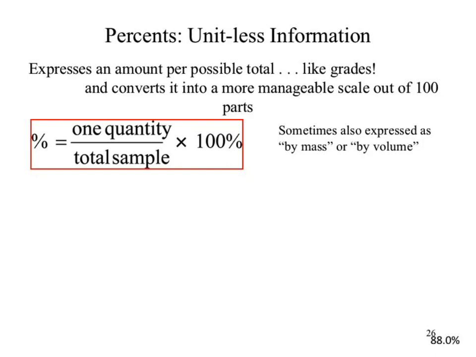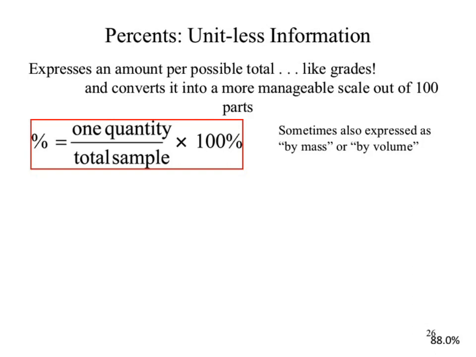Depending on the size of our sample, we want a way to arbitrarily adjust and scale. I don't have to measure 100 of my total sample. I can measure any amount of my total sample, and as long as I multiply by 100%, I set myself into that percent system. It is unitless. That means the units I use for my one quantity up top must be the same units that I use for my sample.